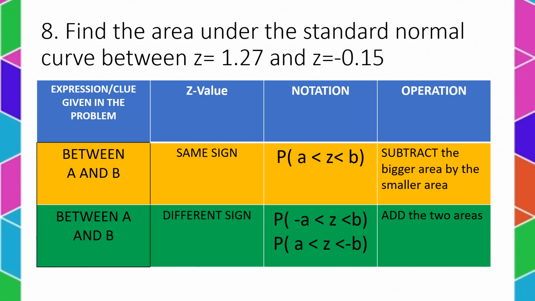So, titignan lang natin yung signs if we are going to subtract or if we are going to add the two areas. No? Since ito ay different signs or unlike signs, the first one is positive and the second one is negative. So, the operation to be used is to add. What are you going to add? The two areas na makikita natin sa table. Okay, let us try.